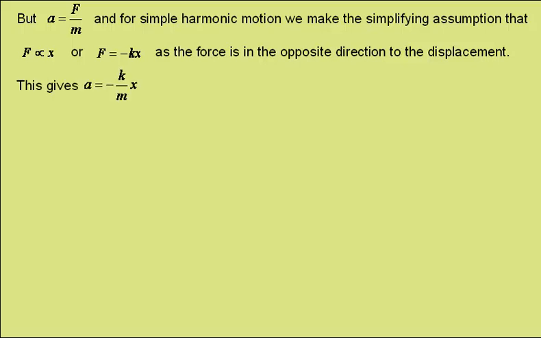This gives acceleration is equal to minus k over m times x, where k is a constant, m the mass in kilograms, and x the displacement in meters. And so combining equations we get that the second derivative of displacement with respect to time, d2x by dt squared, is equal to minus k over m times the displacement x.